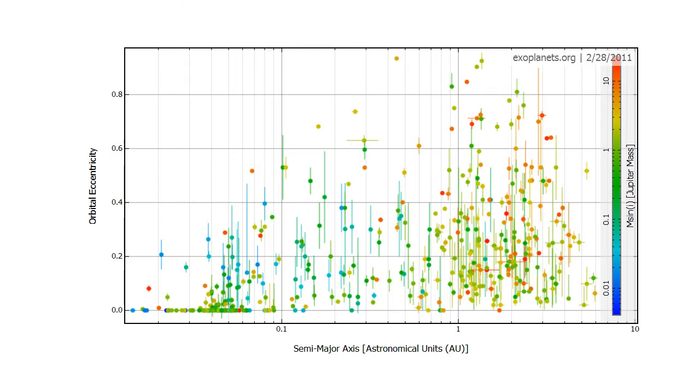Yellow or green dots indicate Jupiter-like planets, and we can see that their eccentricity is about 0.3, so the distance to the center of mass varies with a factor of 2 along the orbit. It follows that Earth-like planets may have a hard time remaining in their orbits in such systems. Another thing to note is that planets orbiting close to their star tend to have circular orbits, as seen in the left-hand part of the diagram.